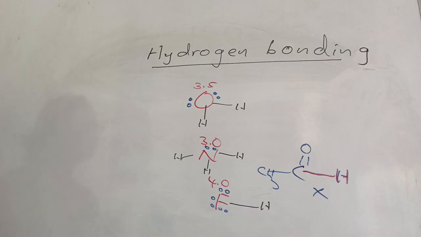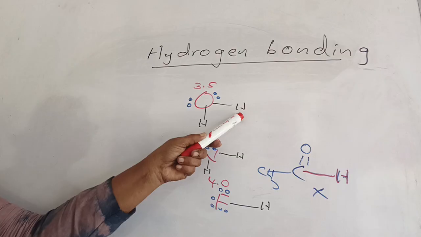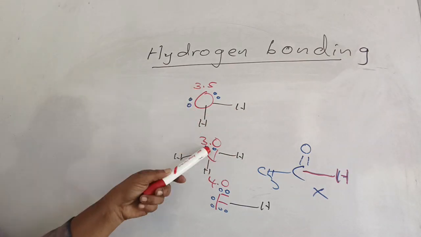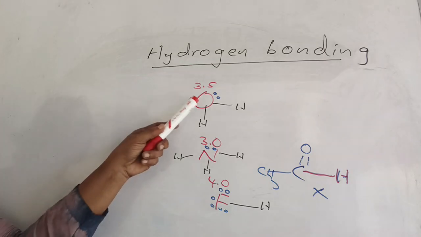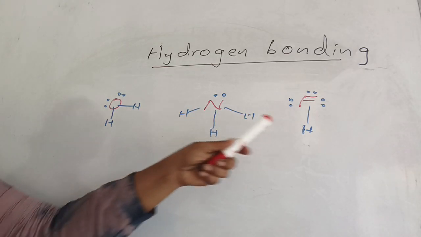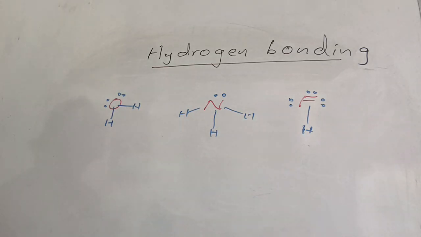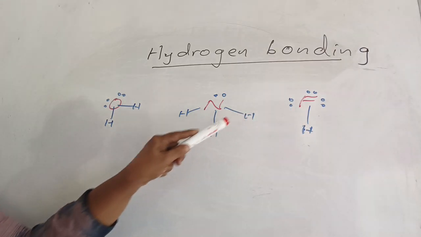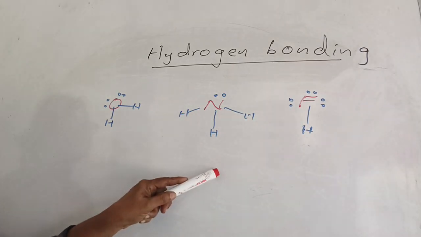The very basic thing is that the hydrogen atom should be directly attached to one of the most electronegative elements: oxygen, nitrogen or fluorine. This is the condition. All these three molecules fulfil our basic condition of oxygen, nitrogen or fluorine directly attached to a hydrogen atom.